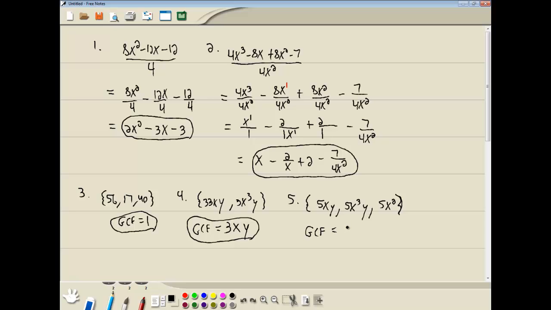Largest number divides into all of those is 5. Now the x's. Here we got x to the first, here we got x to the third, here we got x squared. You always go with the one with the smallest exponent, which is x to the first. Now y's. We have y the first. We have y the first. There is no y here. In order to be a greatest common factor, they all have to have it in common, the common part. So 5x would be our GCF.